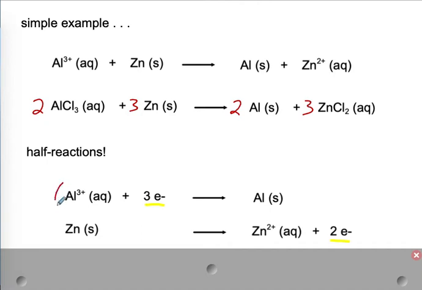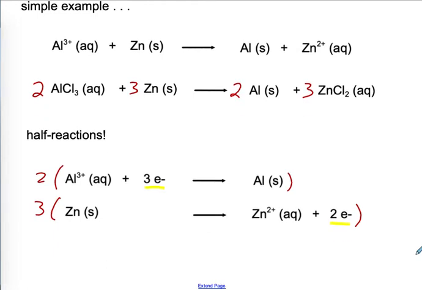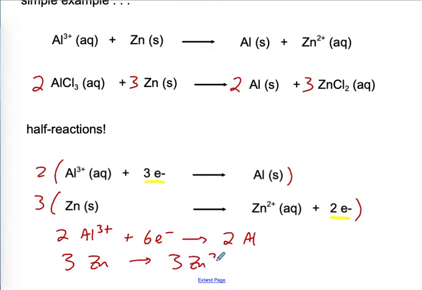In order to get electrons to cancel, I must multiply the reduction half reaction by a coefficient of 2, and I must multiply the oxidation half reaction by a coefficient of 3. When I bring these together now, I'm going to rewrite these as 2 aluminum cations plus 6 electrons form 2 aluminum atoms, and 3 zinc atoms form 3 zinc 2+ cations plus 6 electrons.